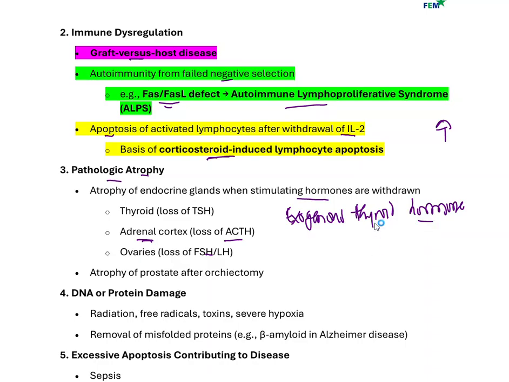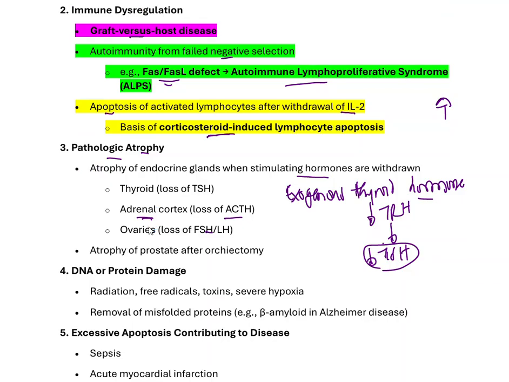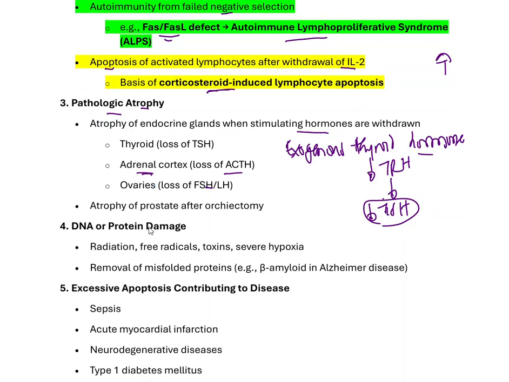So in the hypothalamus, it's going to decrease your TRH, thyroid releasing hormone, and that will lead to decreased TSH, right? And then because of the decrease in TSH, that will lead to decreased stimulation to the thyroid gland, and that will lead to apoptosis of those thyroid tissue, thereby leading to what? Atrophy. Very good.